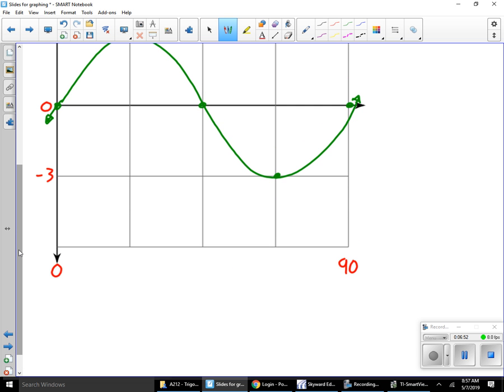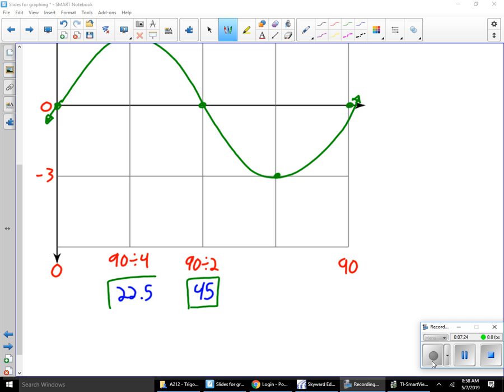Getting these points in the middle is a bit trickier because now when I cut 90 in half, that part's not too bad. 90 cut in half is 45. But when I go to cut that half in half or cut 90 in fourths, I will wind up with a bit uglier of a number. 90 divided by 4, or you could do 45 divided by 2, is 22.5 degrees.